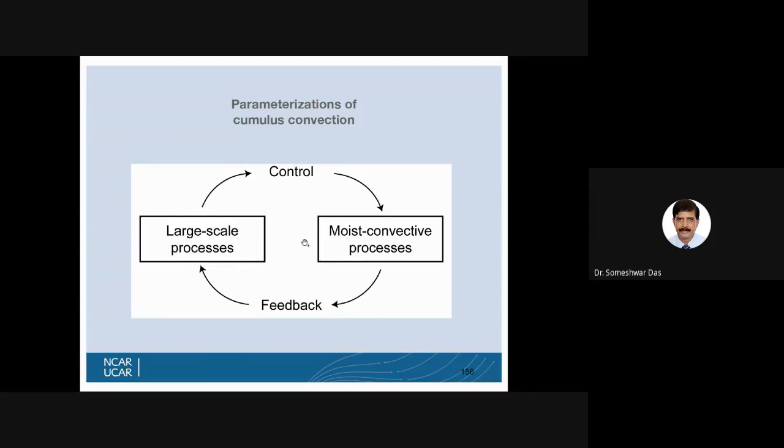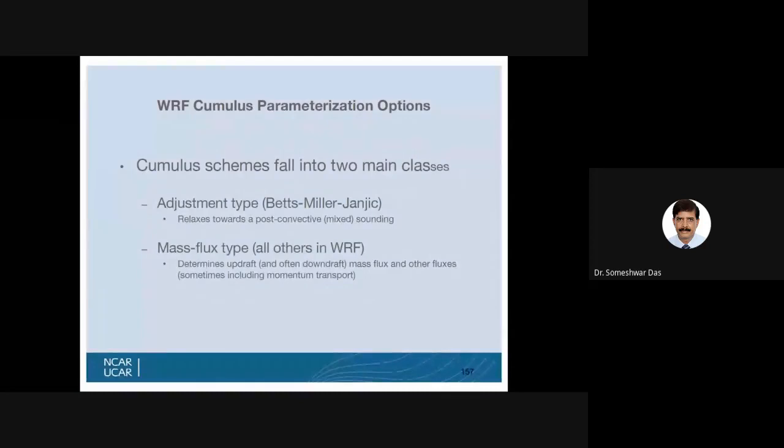Large-scale processes control the convective processes, and convective clouds in turn give feedback to the large-scale tendencies of heat, momentum, moisture, etc. So what are the options available? The cumulus schemes fall into two main classes. One class is the adjustment type schemes like the Betts-Miller scheme.